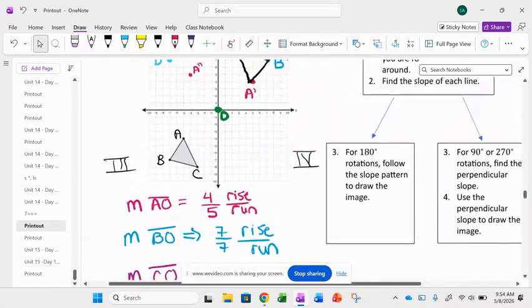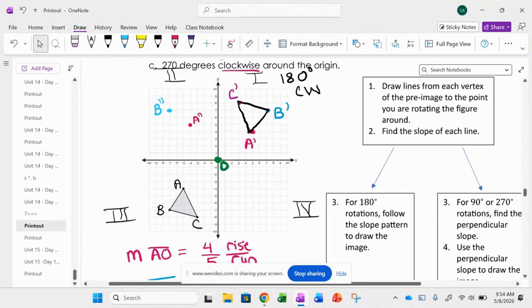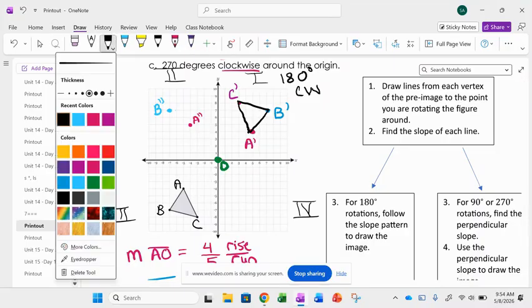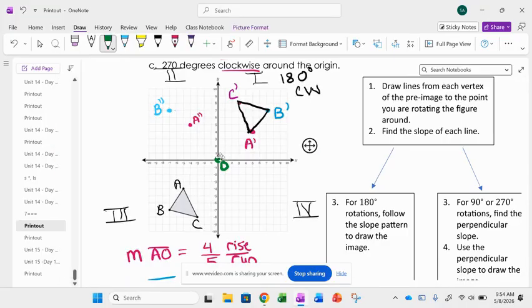So now we start at our center of rotation, and I'm going to go up 3. So we're negative 3 over 8, to the left 8. And there's my C double prime. And then we connect the points to create our image.